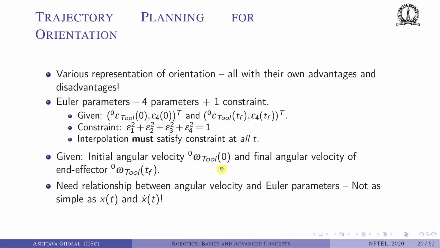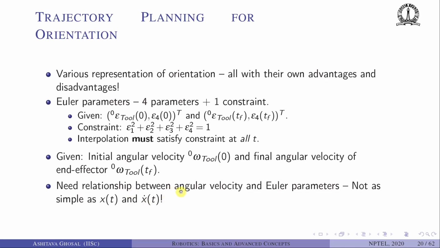Remember, in position we are given initial and final position, but also the initial and final velocity. In the case of rotation or orientation, we can only specify angular velocity. And if you go back and remember, the angular velocity is not directly related to the rotation matrix, or it's very simply related to the rotation matrix. It was some R dot R transpose and so on.